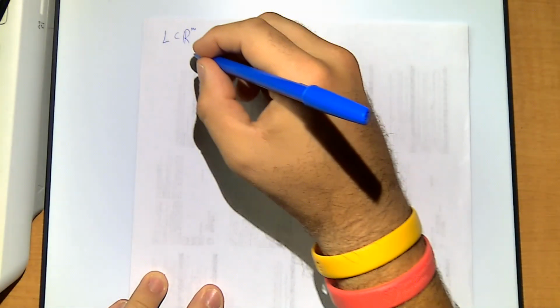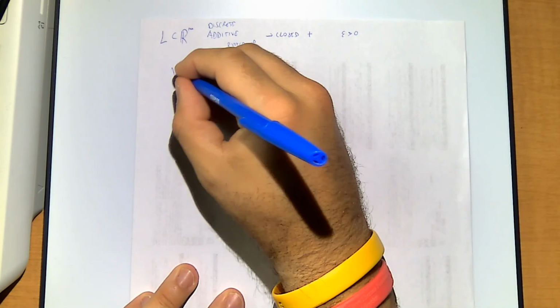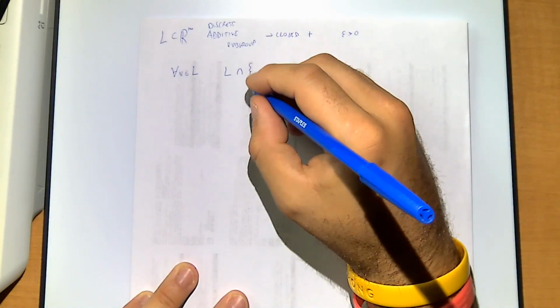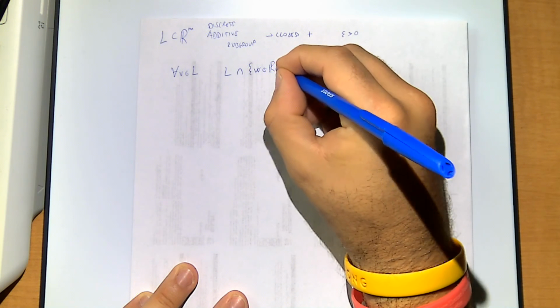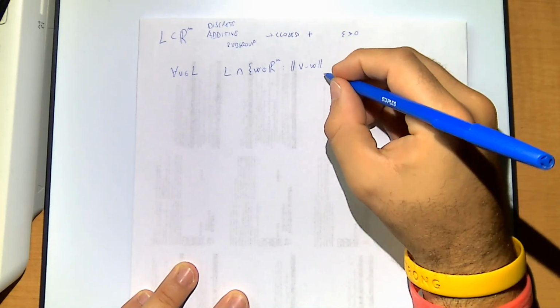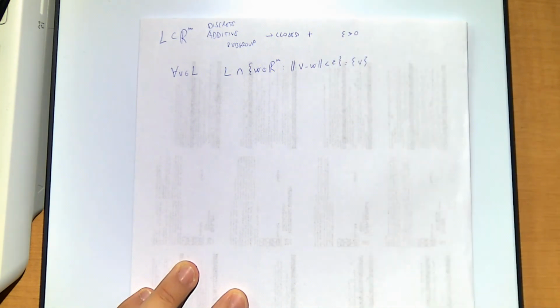But also this is a discrete additive subgroup if there exists a constant epsilon with the following property: for every vector V in L, we have that L intersected with the set of vectors W in R to the m such that the norm of their difference is less than epsilon is just V itself.